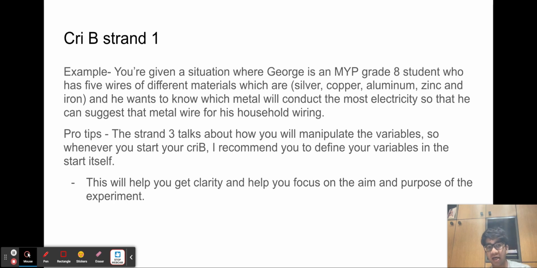So whenever you start your criteria B, I recommend you define your variables in the start itself. So for example, I'm giving you 30 seconds to think what the IV, DV and CV can be here. For those of you who are new, CV means control variable.